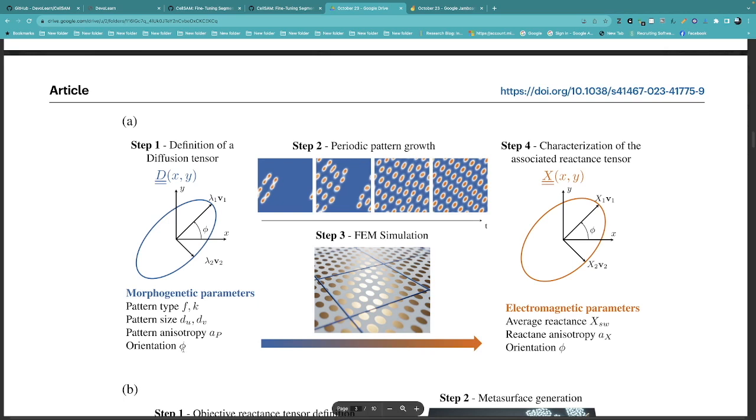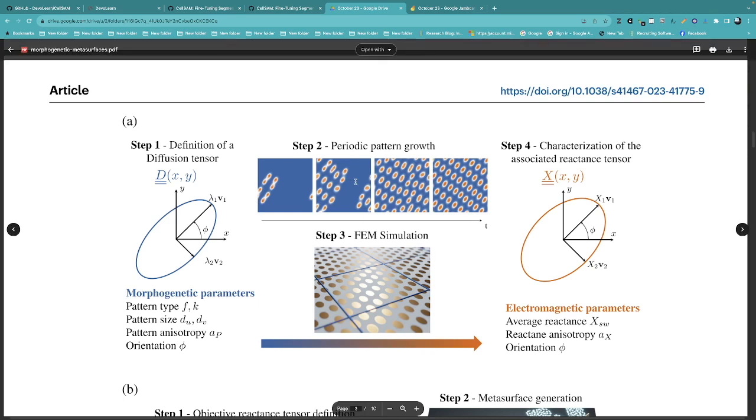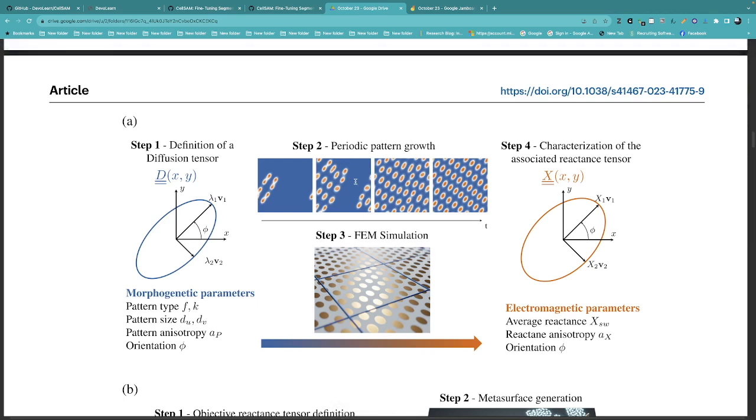And then we have an orientation parameter, theta, or phi, which is how it's oriented in space. So step 2, we have periodic pattern growth, which is oriented in a certain way. It has a pattern size, pattern type, and pattern anisotropy.